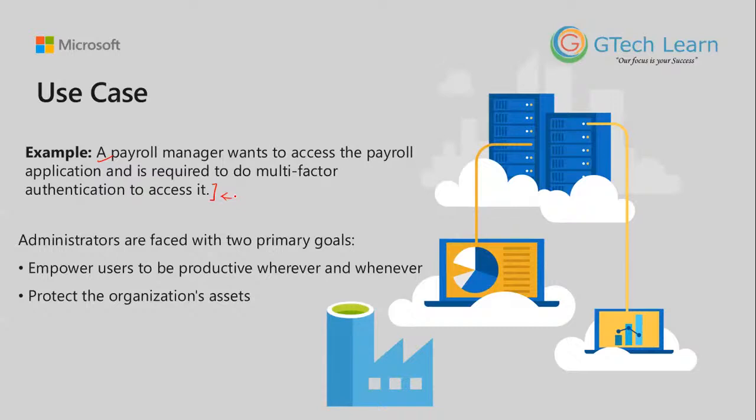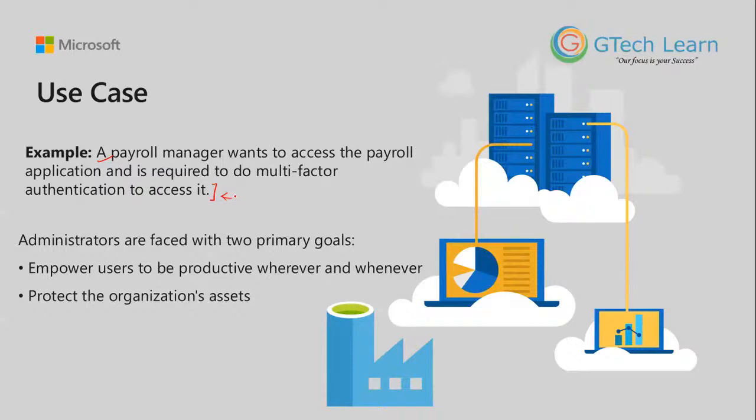The first thing is to empower users to be productive wherever and whenever. What does this mean? Users in an organization have their own corporate device, and they use that device for accessing corporate resources.